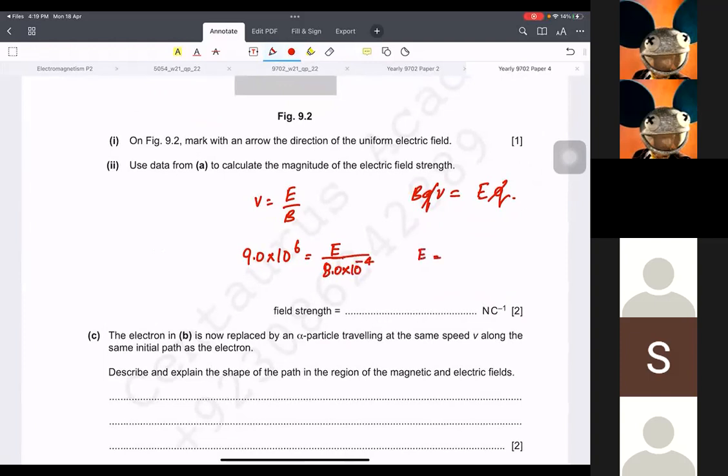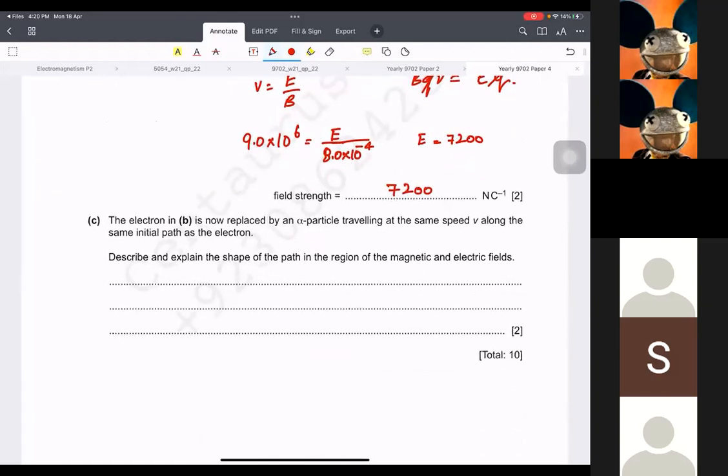So electric field is 7200. Yeah, same. Very good.